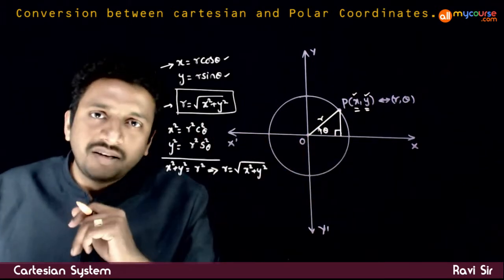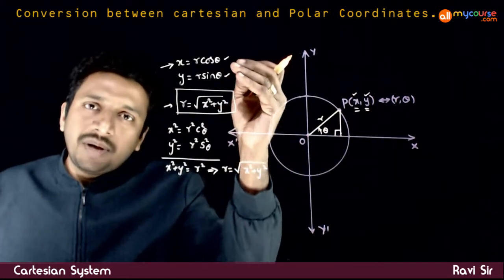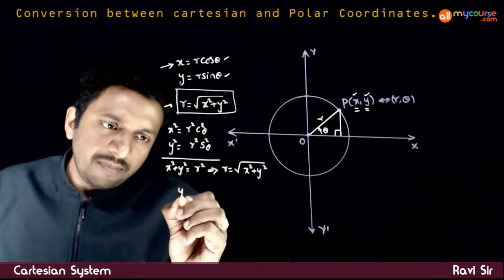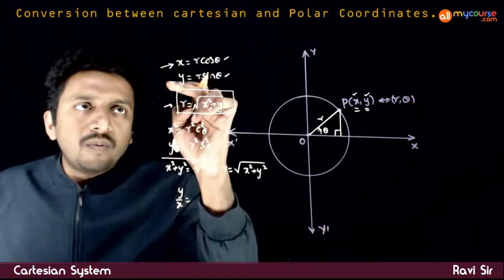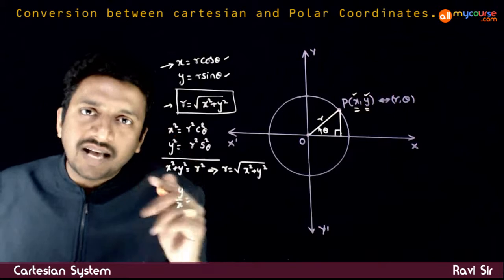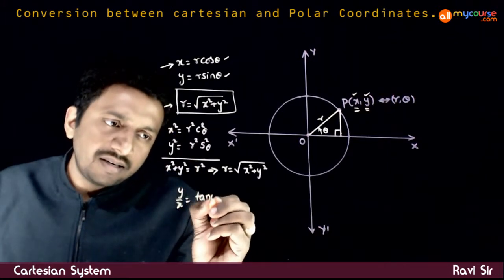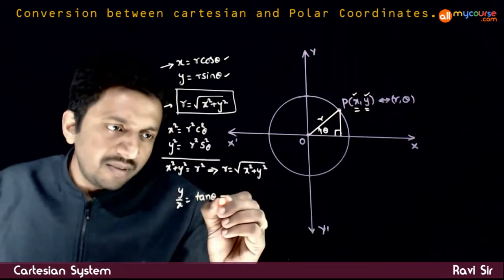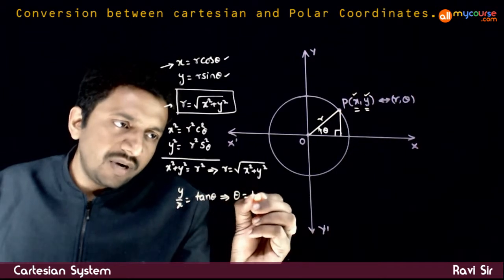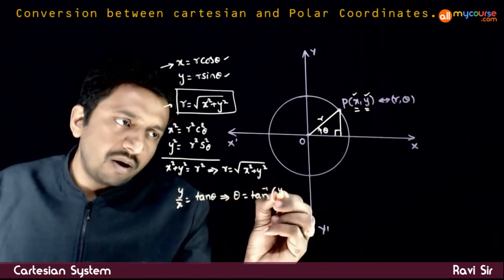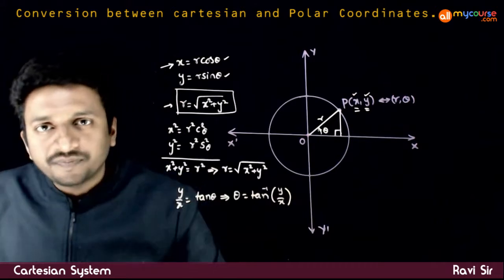Now how do you find theta? If you divide one by the other, y by x is equal to r sin theta by r cos theta, and r gets cancelled. So you get tan theta. This implies theta is equal to tan inverse of y by x.